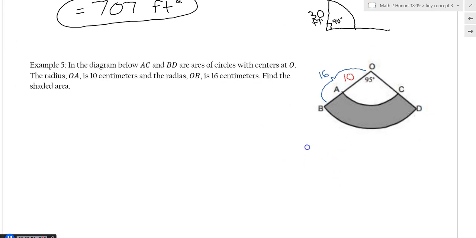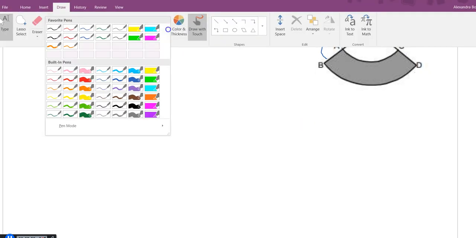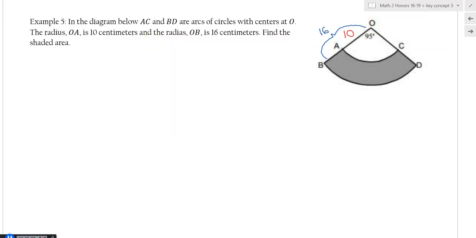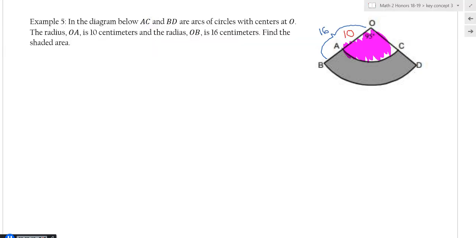So in order to do this problem, I know I can find this sector, and I know I can find this sector.